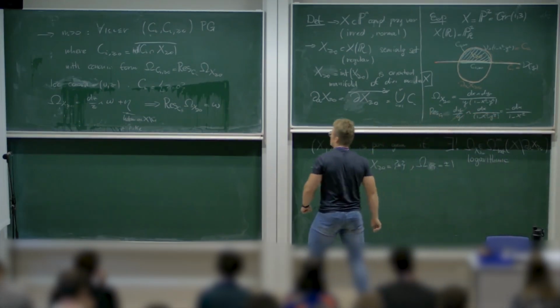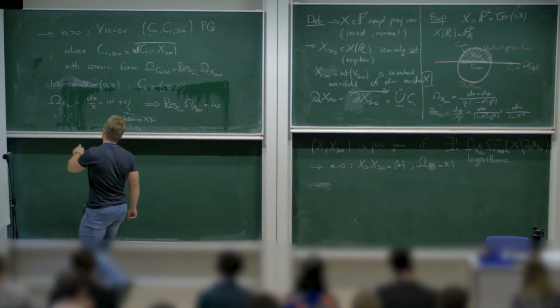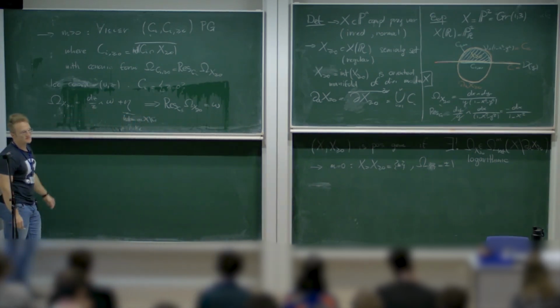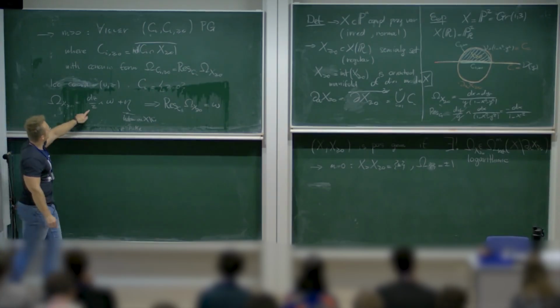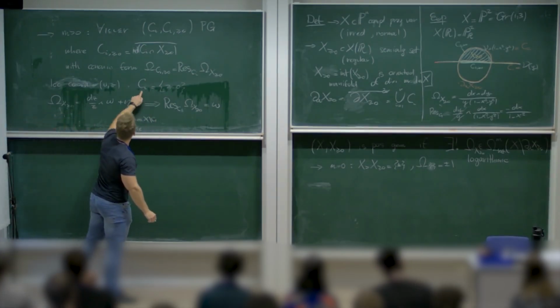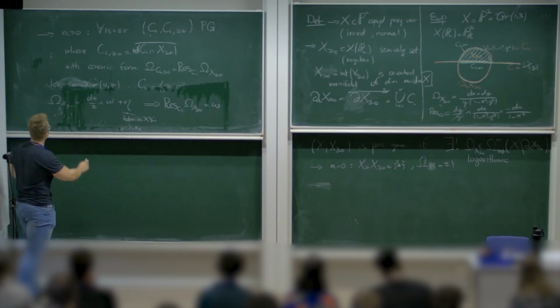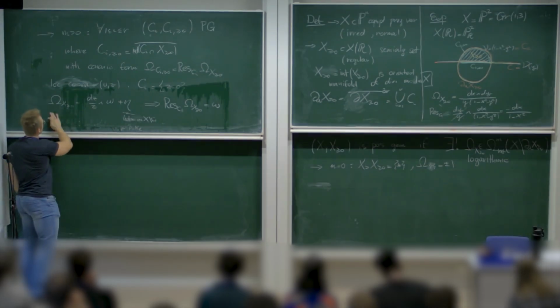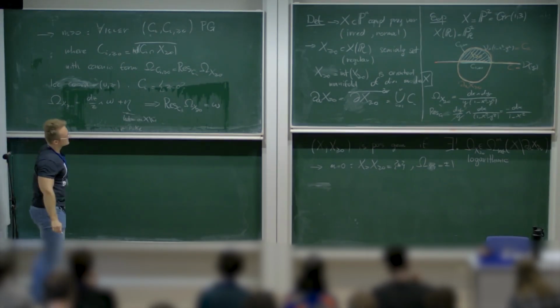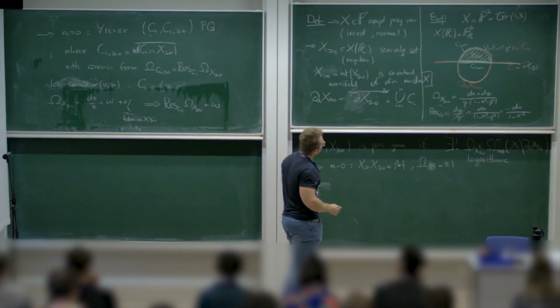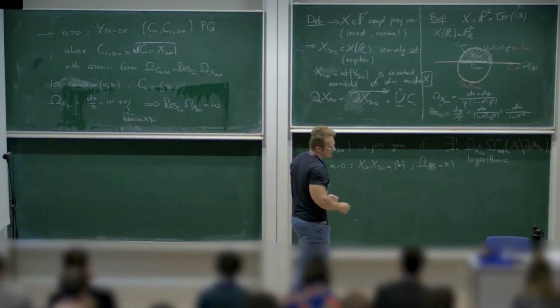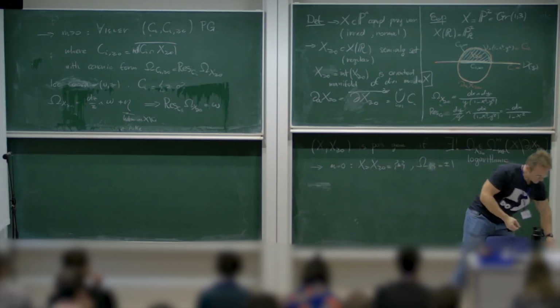And logarithmic means that for each component locally, I can reach this form. So if I choose a local coordinate whose vanishing is exactly one component, then locally I'll obtain this form. This assumption is what guarantees that. I'm being very slow.